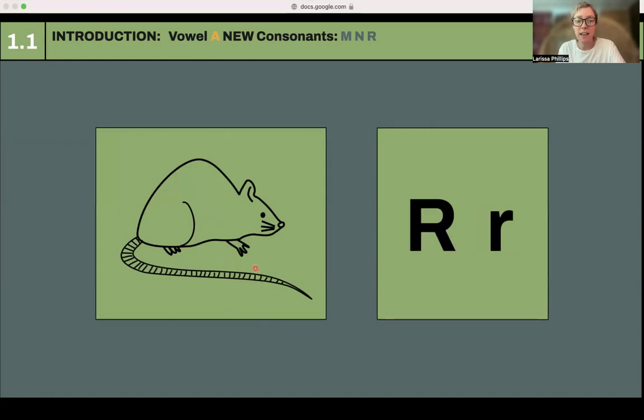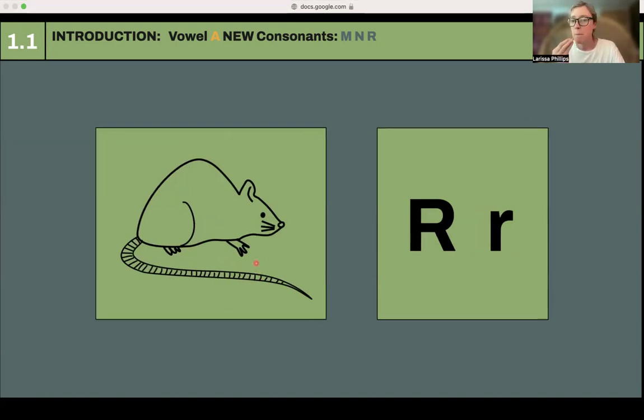This is a rat. The sound at the beginning of rat is r. It's not ra. Ra is 2 sounds. We just want r, like you're about to say rat.